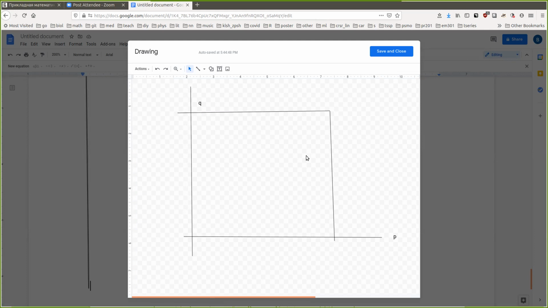My drawing is not perfect, but okay. Basically, if Q is 1/3, 10 over 30, then we are indifferent.